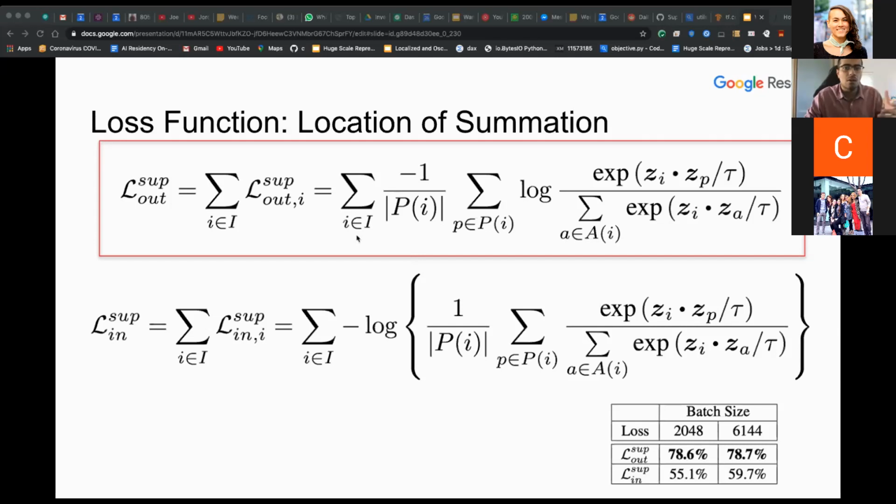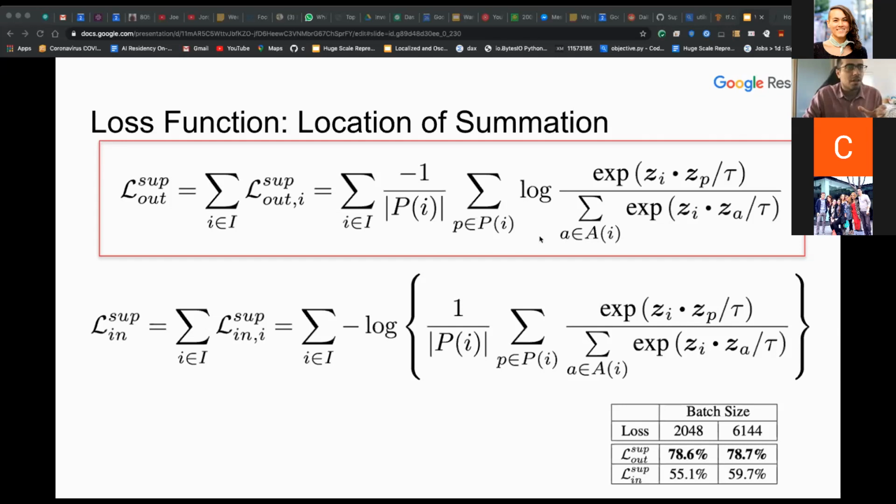You don't want some losses to be higher or lower just because they have more positives in the batch, because we're still sampling our batches randomly, and we don't want a large amount of the gradient to come from a few samples.